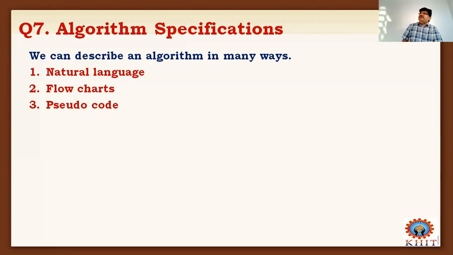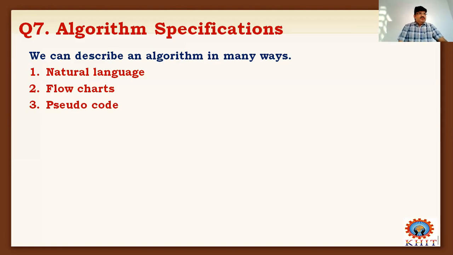The first one is natural language. In English, we can draft an algorithm, a step-by-step procedure to solve the problem. We need to write or prepare an algorithm in a natural language. This is the first concept. And sometimes you may write an algorithm through flowcharts, which is called a graphical representation.